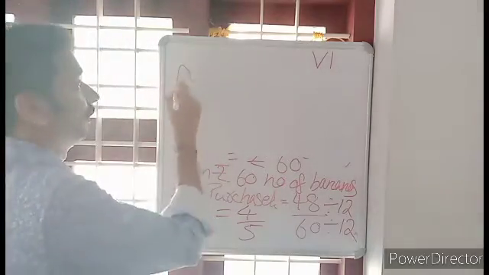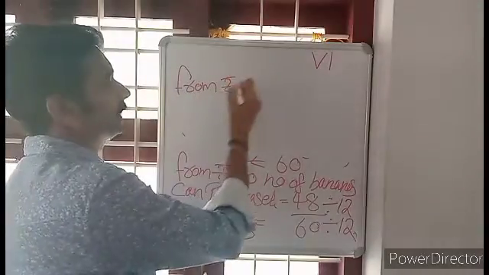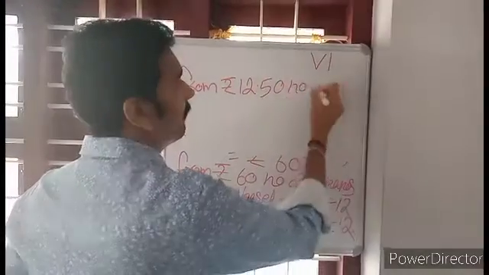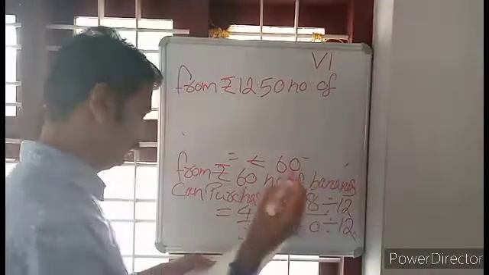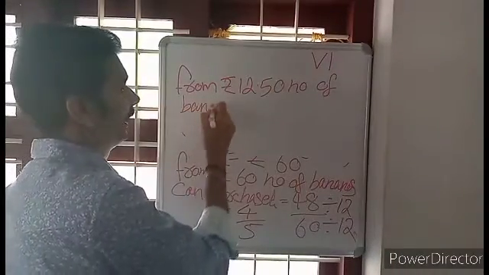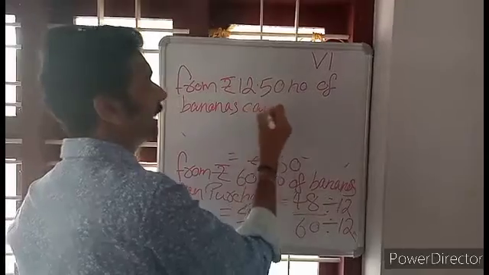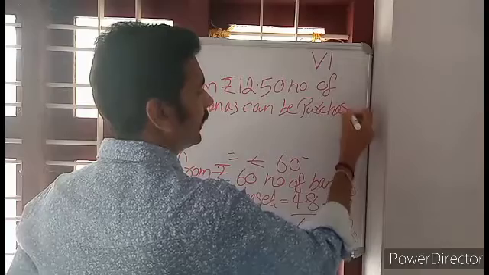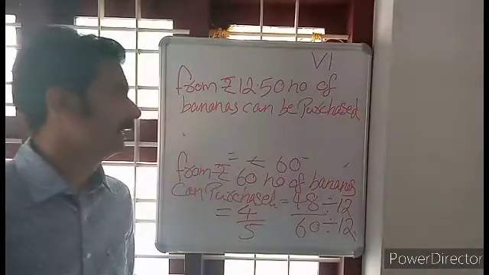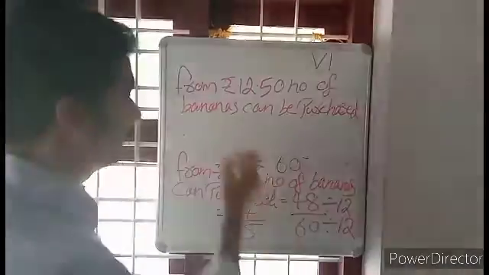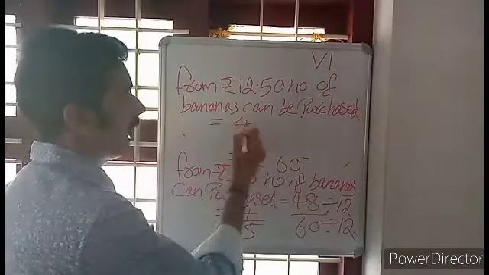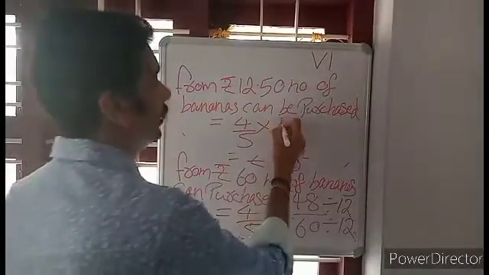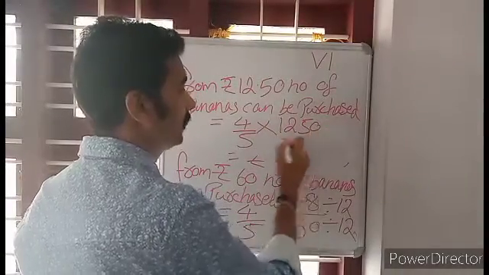Then from rupees 12.50, the number of bananas that can be purchased is 4/5 into 12.50.